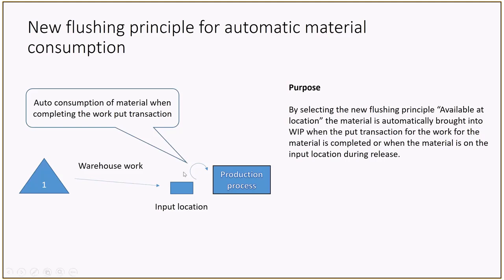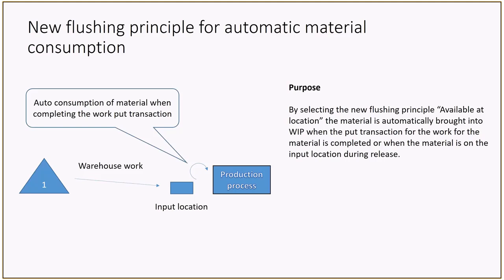A new option we introduced is a flushing principle called available at location. What this does is, when the warehouse work is completed and the put transaction is completed, the material is automatically consumed for the production process. That means it's automatically brought into WIP.